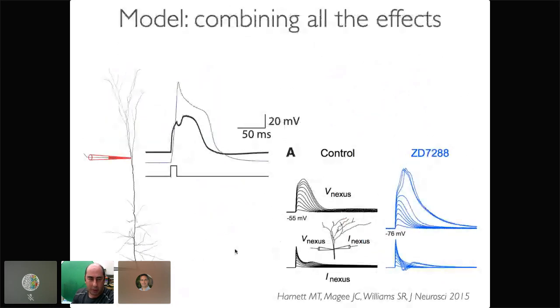So we can model that, and we can see that if we block IH, then we have hyperpolarization, and then the chance of having a calcium spike is bigger, and the calcium spike will be bigger. This is actually very similar to results that have been shown by Mark Arnett, when he worked with Jeff McGee and Stephen Williams.